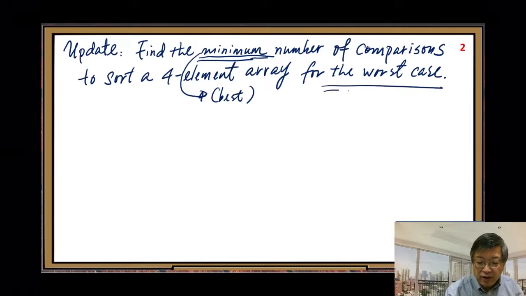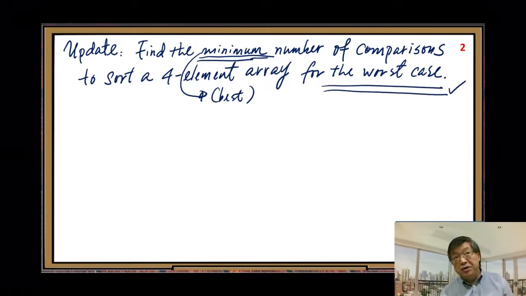Now we make it explicitly for the worst case. When I give the question, some students ask me to put the worst case explicitly. Although we can do it, in the real world, you won't see it. People just ask you to sort a 4-element array with the best solution.